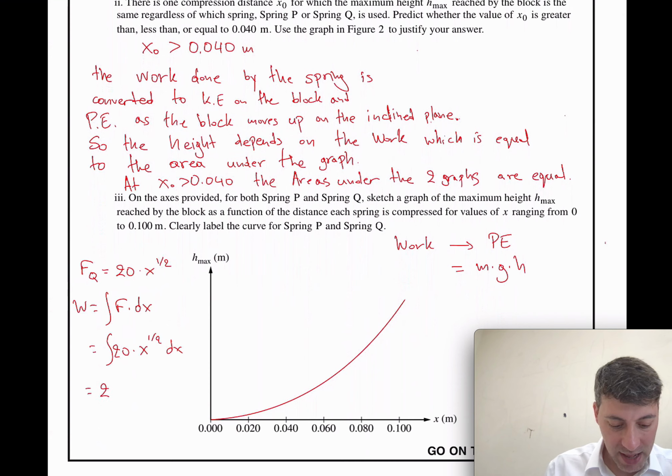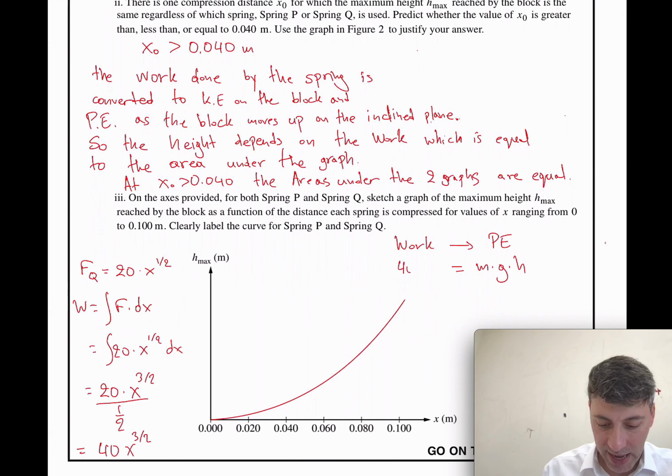And this is 20 times, we increase the power by 1, so 1 over 2 plus 1 is 3 over 2, divided by the new power, which is 1 over 2. So 20 over 1 over 2 is 40, x to the power of 3 over 2. So the work will be 40 x to the power of 3 over 2.